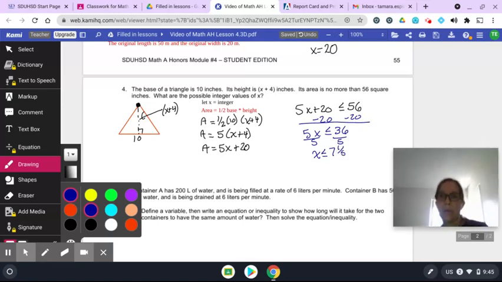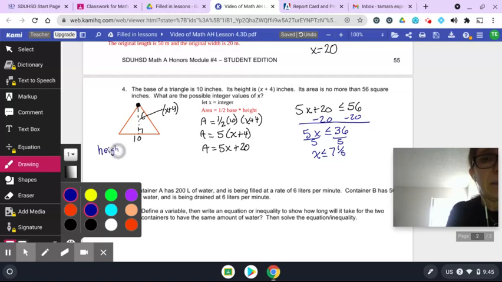Okay, but now we have to think a little bit. X can't be as negative as I want it to go because I need the height to exist. So I have a problem here. I know that the height is equal to x plus 4, but I know the height has to be bigger than 0. So this thing has to be bigger than 0, otherwise we don't have a triangle.